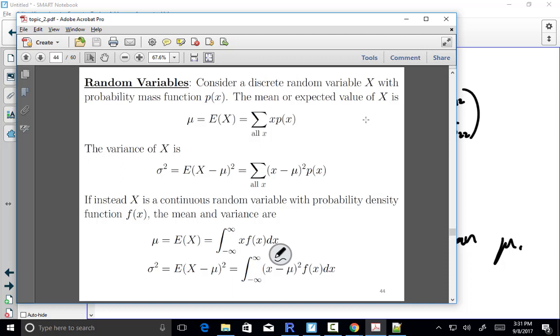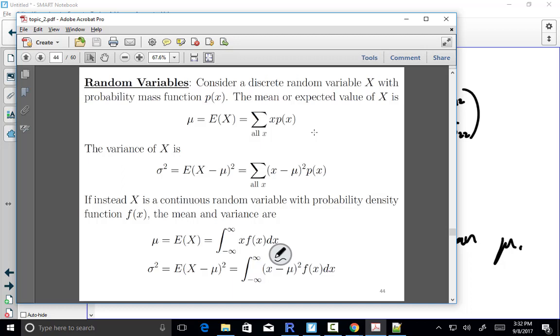For a discrete random variable x that has a probability function p, the expected value, the average in a probabilistic sense, is defined as a sum over all x values of the possible x value times its probability. It's the sum of possibility times probability.